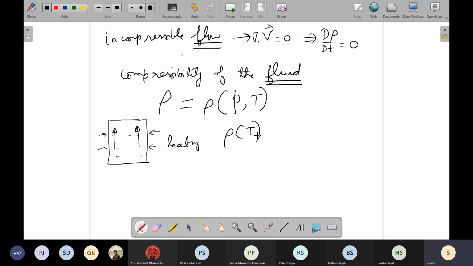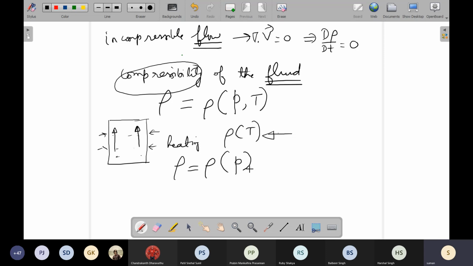So the physical notion of compressibility may not be explicitly associated with this, but it is more strongly linked with density as a function of pressure.